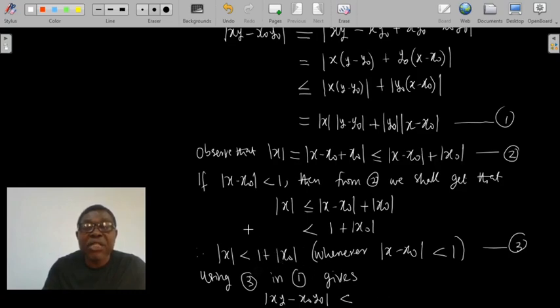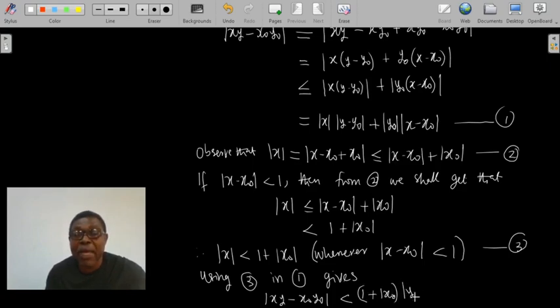So if I use this inequality in 1, I'll get that the absolute value of xy minus x naught y naught will be strictly less than 1 plus the absolute value of x naught, replacing that absolute value of x above, times the absolute value of y minus y naught, then plus the absolute value of y naught times the absolute value of x minus x naught. So this is what we've gotten.